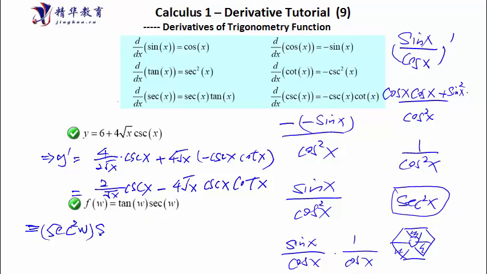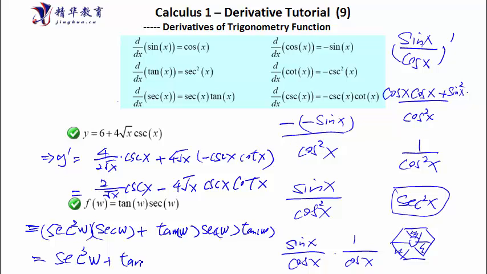Product rule: write secant w as is, and take the derivative of tangent w, then keep tangent w unchanged and take the derivative of secant w, which is secant w tangent w. Now this is equal to secant cubed w plus tangent squared w secant w. Nothing fancy. We're just applying the formulas and then simplifying. Finished. Make sense?